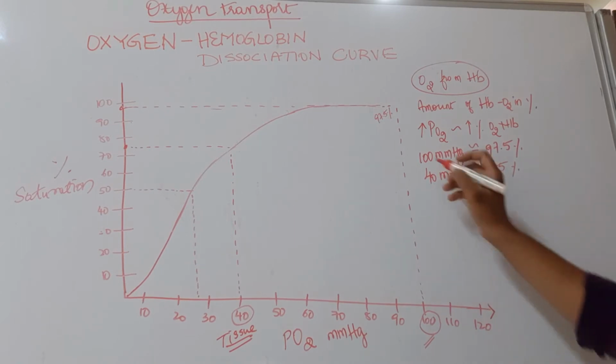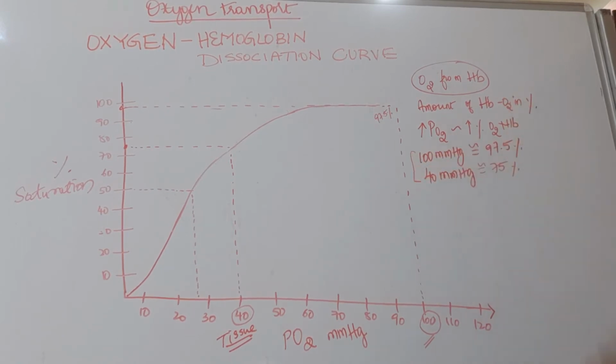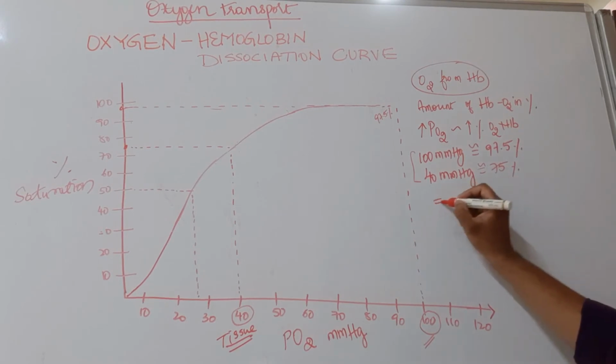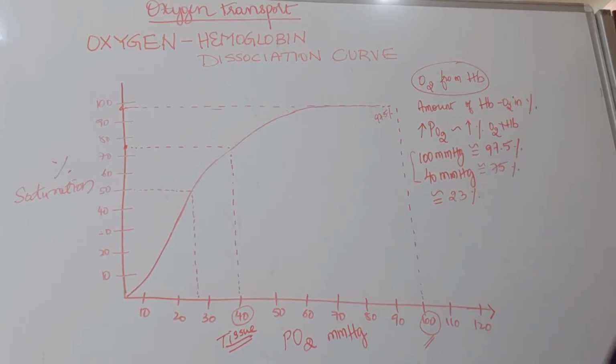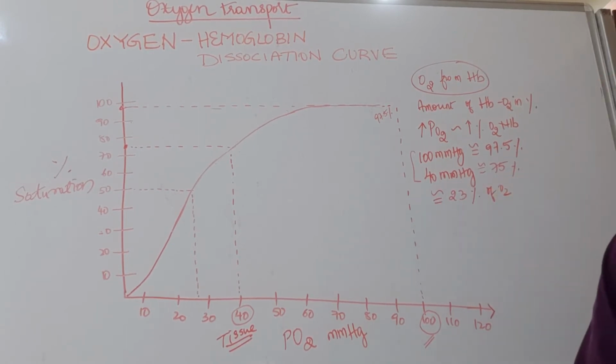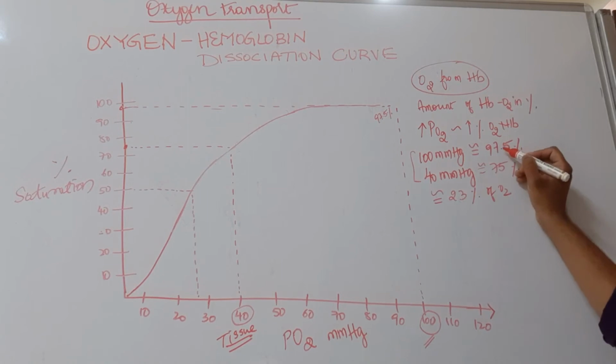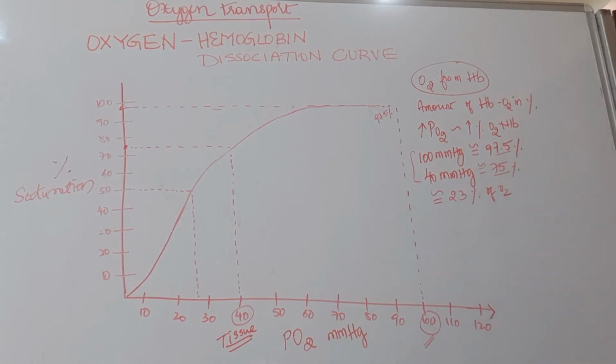That is, whenever the partial pressure decreases from 100 to 40 mmHg, there is unloading of about 23% of the oxygen, since 97.5 minus 75 is around 23%.